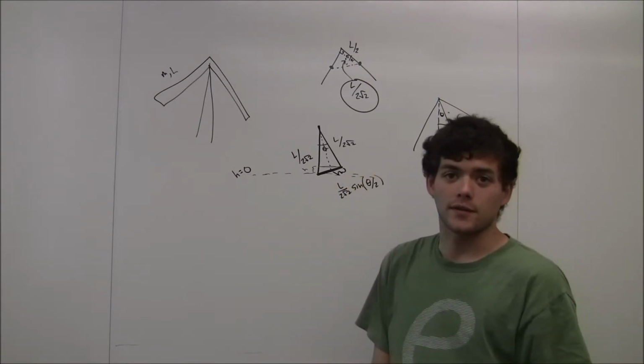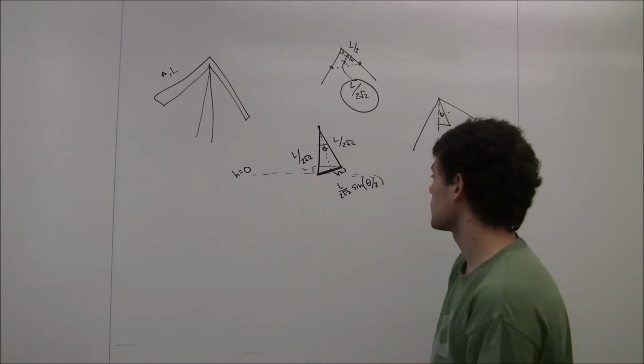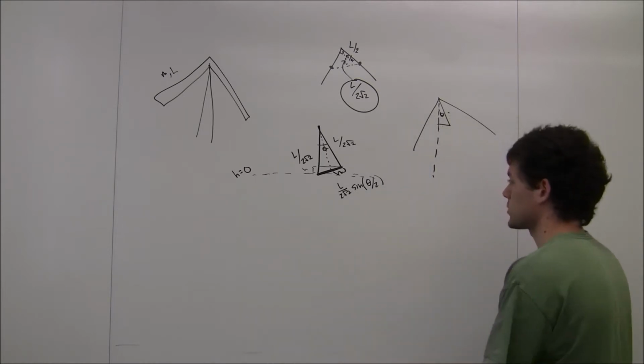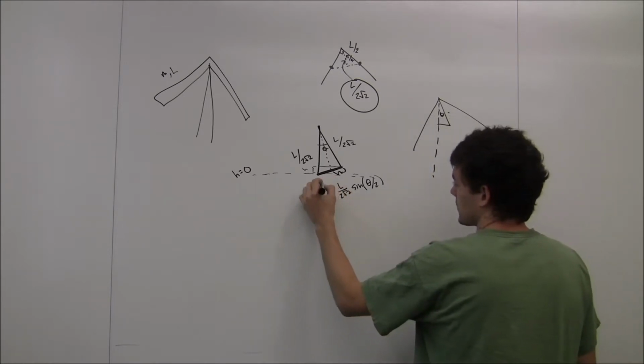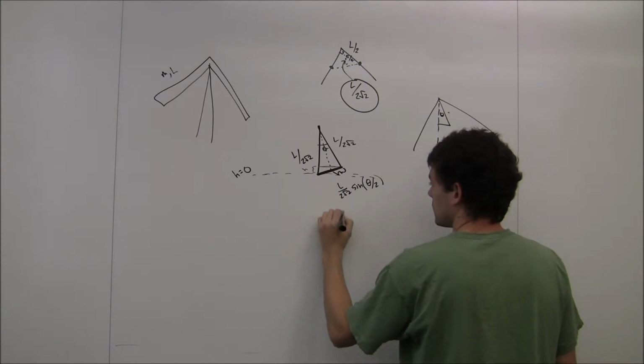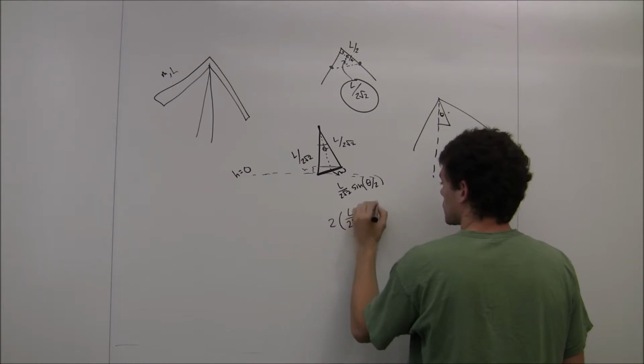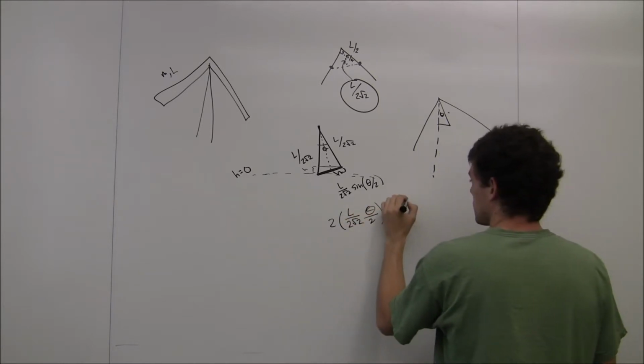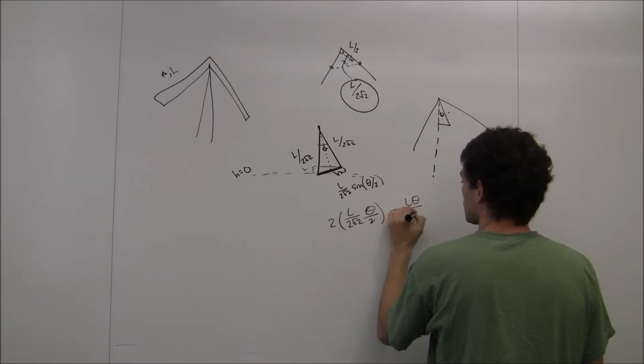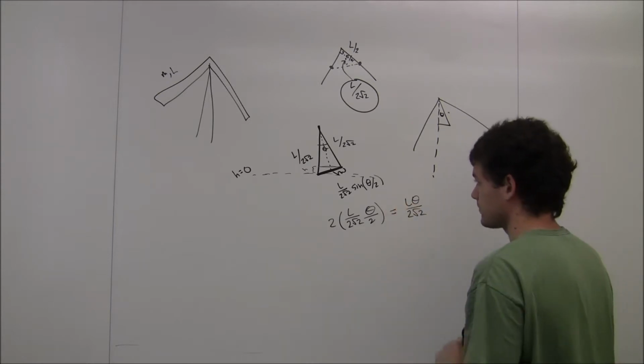Now since theta is very, very small, theta over 2 is also going to be very small, and we can use the small angle approximation, and so that gives us this total length is going to be 2 times L over 2 root 2 theta over 2, which is just L theta over 2 root 2.